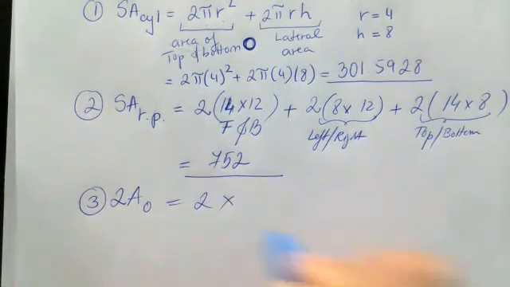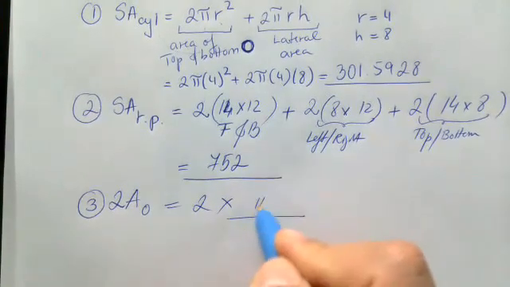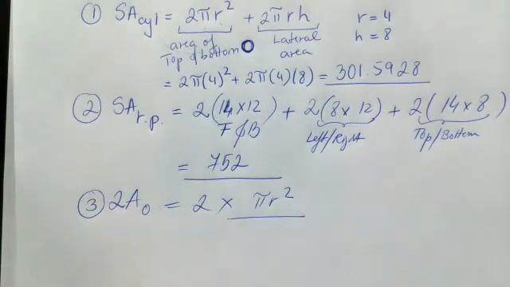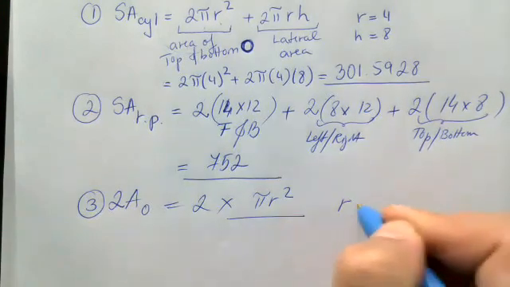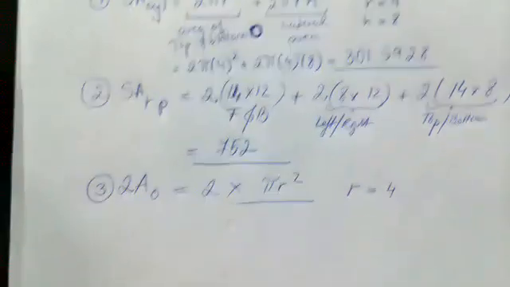So 2 times, what's the area of the circle? Pi r squared. R is the radius of the circle.